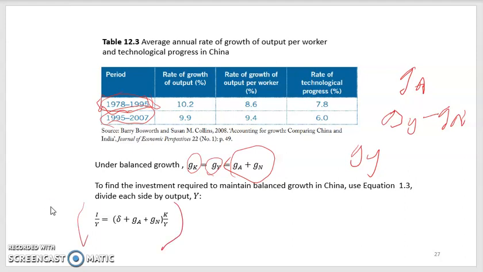If we plug in the numbers for China for the period 1995 to 2007, we can get the actual average ratio of investment to output for that period. A replica of that is shown on page 321 of the book.